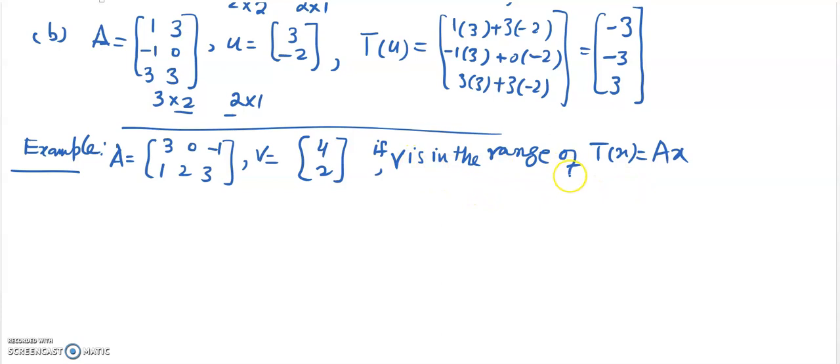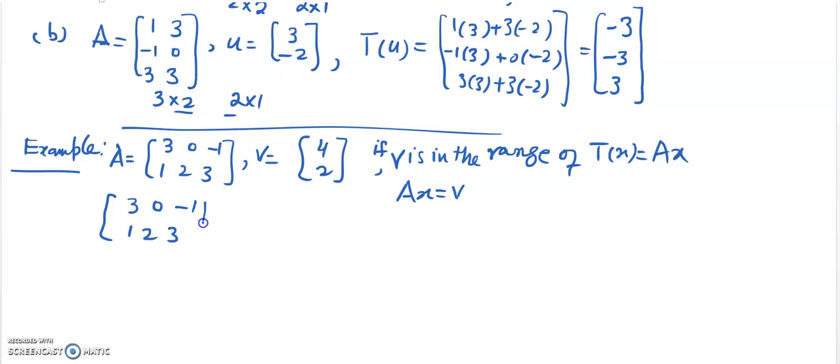The meaning of this statement is that we need to determine if there is a solution to the linear system Ax equals v. For this we need to write the augmented matrix, and then determine its echelon form.